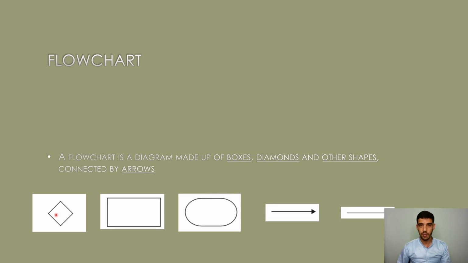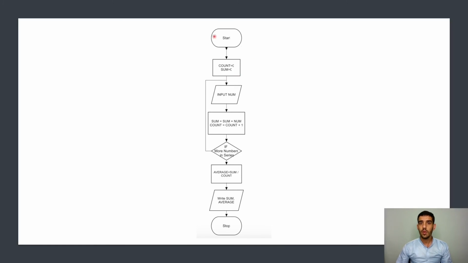Let's take an example of a complete flowchart. We begin with a start, and we use this shape for starting. Then we use this shape to define the variables. Here we have count and sum. Count is to count number 1, number 2, number 3, and sum is the total. Then we go to input a number. The user is going to input a number, okay? After inputting the number, we change the sum, the total, to equal the sum, which is 0, plus the number entered by the user.